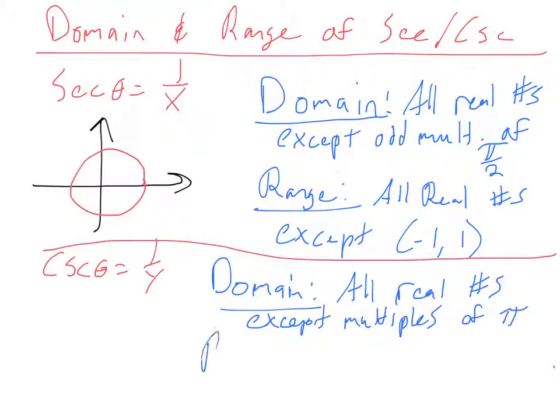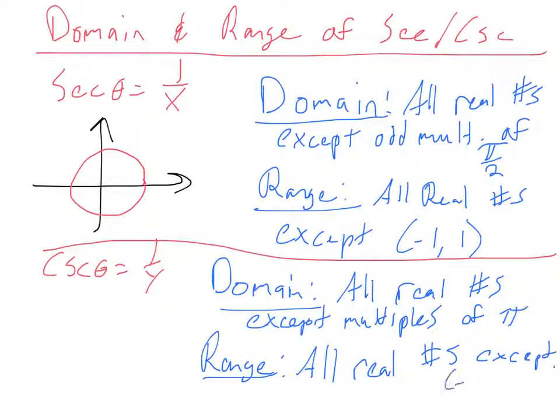And the range is going to be the same thing, all real numbers except everything between negative 1 and 1. Because it's going to have the same general behavior. All right, so that covers domain and range for all 6 of the trigonometric functions now.